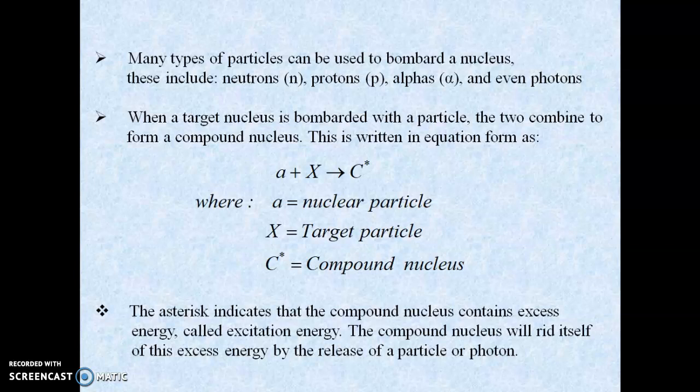The compound nucleus will rid itself of this excess energy by the release of a particle or a photon. As the compound nucleus is in an excited state, it is highly unstable. Because of this, it will decay to get rid of that excess energy.